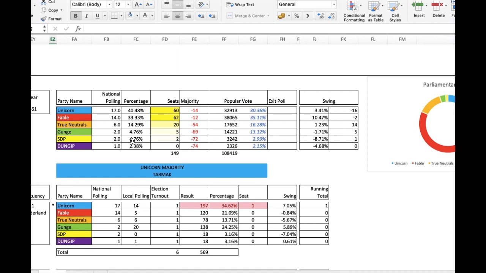If they can do enough, they could swing the election, or it could end in a hung parliament, and we would have to go through a few more episodes, probably of negotiation with the smaller parties to see if we can put a government together, or the Unicorn Party could win a majority, and it could all have been a big disappointment. Anyone who's worked in politics knows that that's always a possibility, that you can fight really hard, you can really push as hard as you can and still lose.